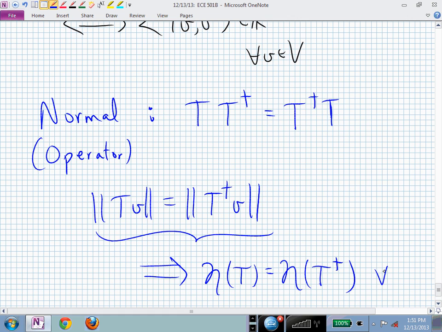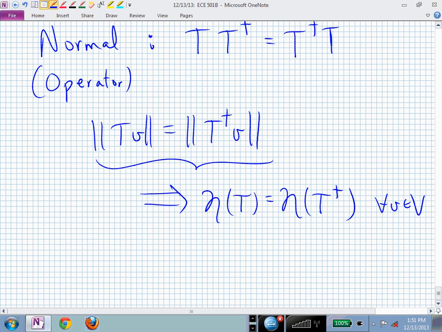And that's a really nice connection to have. It was made in a marginal comment, basically, in Chapter 7. But once you know you have a normal operator, you know something about the null spaces of the operator and its adjoint. They're actually equal. They're the same space.